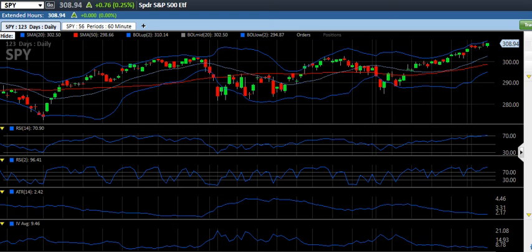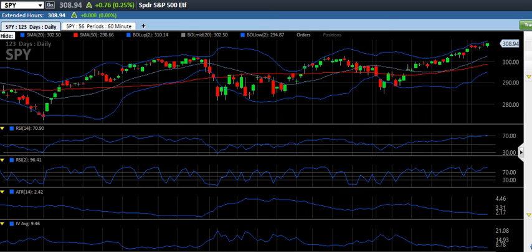The 20-day moving average is that blue line in the center there. The 50-day is the red line. So that's a good way for traders and market analysts to look at the general price range and moving averages of the S&P 500.